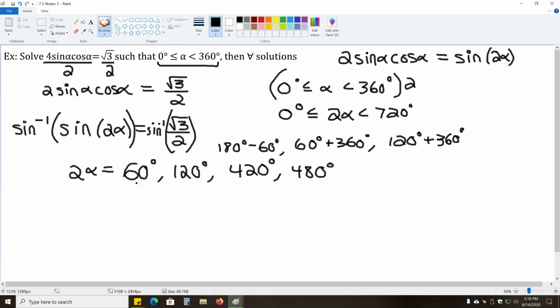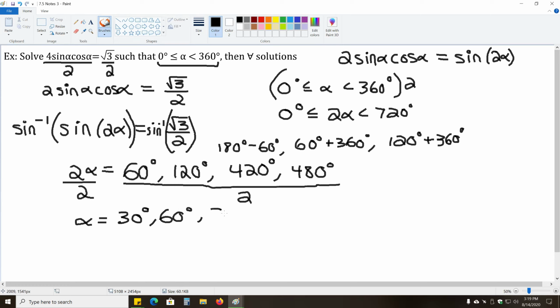And now that we have all of the angles between 0 and 720 that solve sine inverse of square root 3 over 2, we can now solve for alpha itself, not just 2 alpha. So we'll divide everything by 2, which gives us alpha equals 30 degrees, 60 degrees, 210 degrees, and 240 degrees.